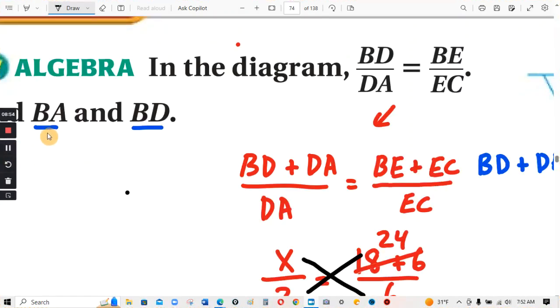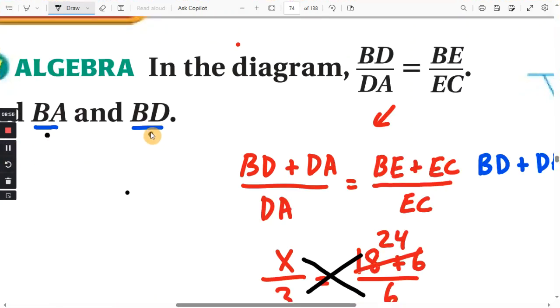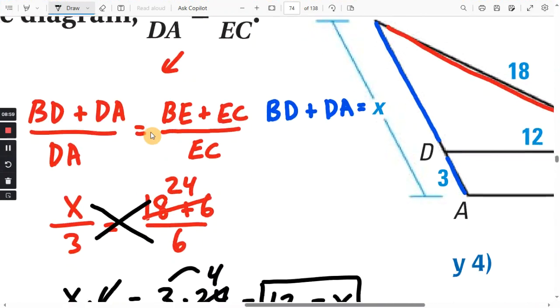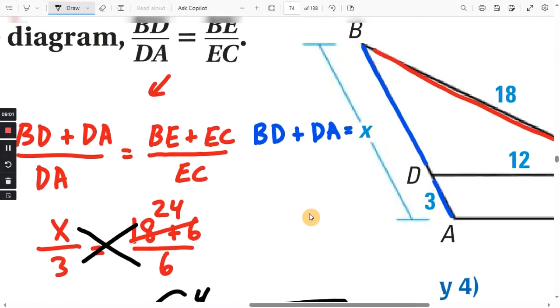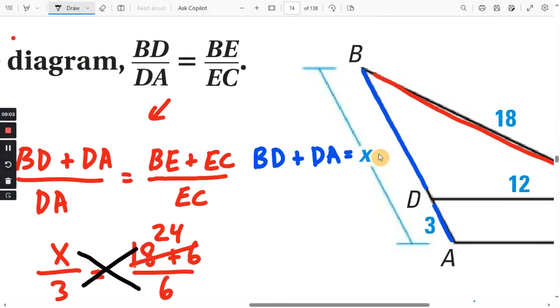All right, they wanted us to find BA and BD. So let's see, we said x is 12. This whole thing right here is BA, so BA is going to be 12.